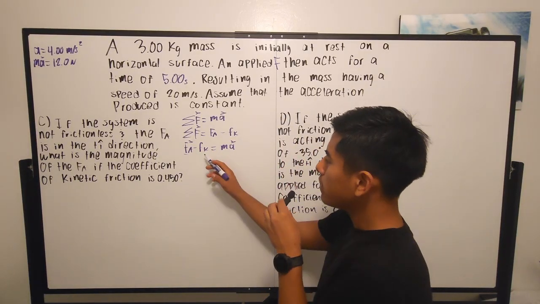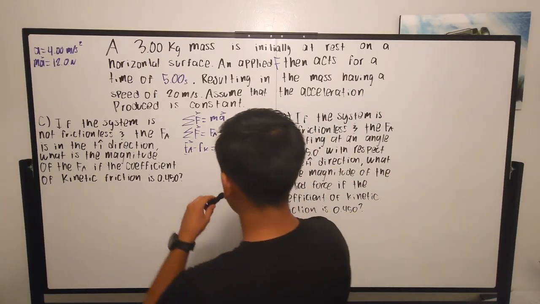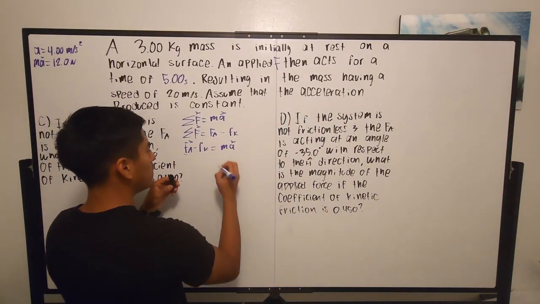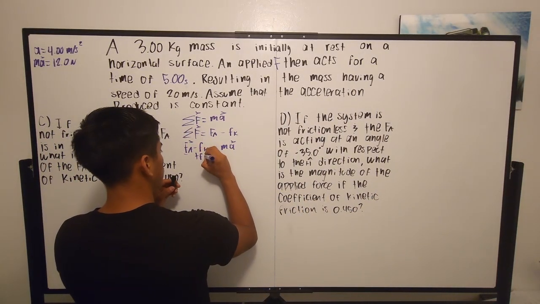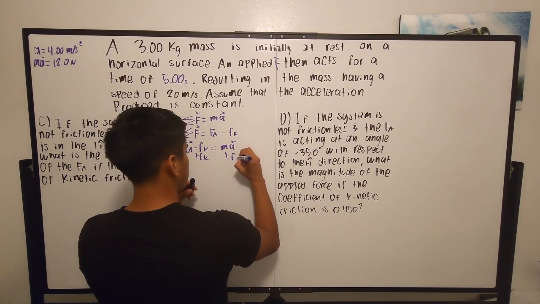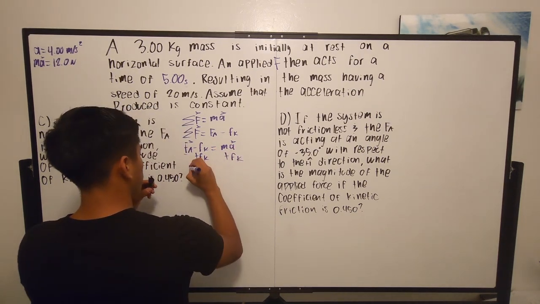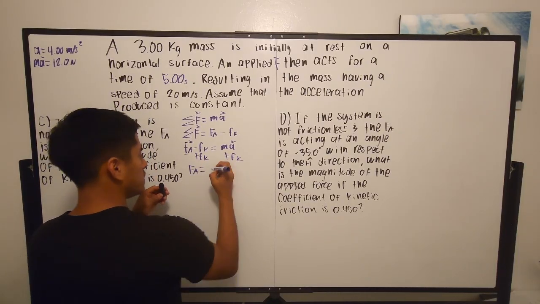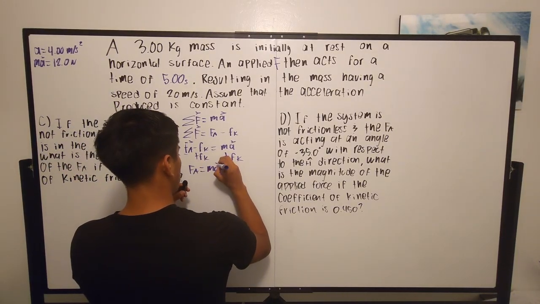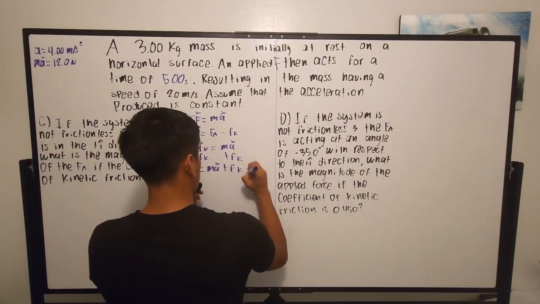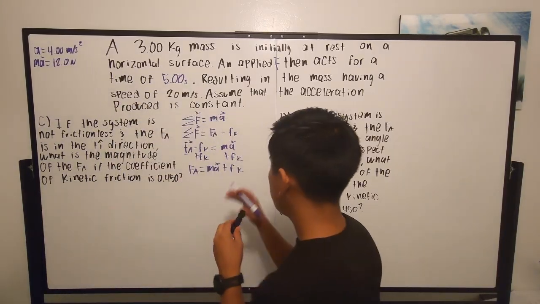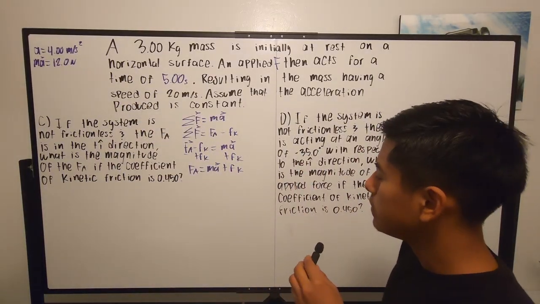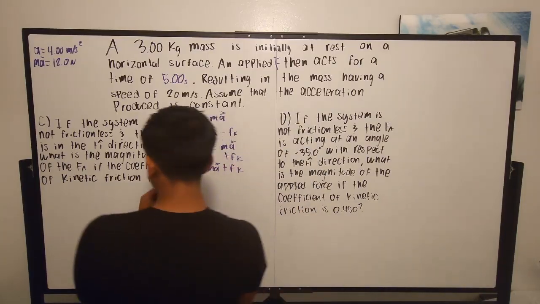So to get him alone, we're going to add the force of kinetic friction to both sides. So like that, and we have this new thing. The applied force is equal to the mass times the acceleration plus the force of kinetic friction. And we have all of these variables. So now let's just go ahead and plug everything in.